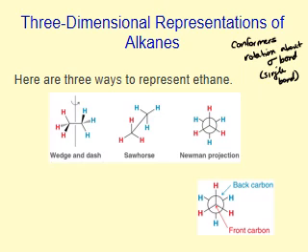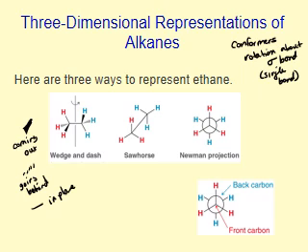There are ways that we can represent alkanes. If we start with ethane, we could represent it, remember, with wedges and dashes, or the 3-dimensional representation, recalling of course that the solid wedge is coming out of the page, the dashed wedge is going behind, and a solid line is in the plane.